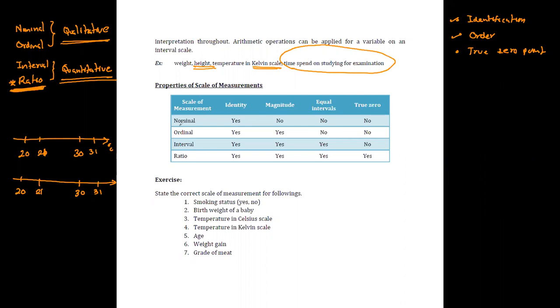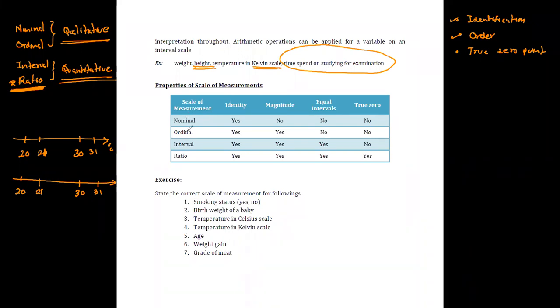For the nominal scale of measurement, we have just an identity only. There is no magnitude, no equal intervals, no true 0 point. As an example, the hair color of a student is an identity only, but there is no magnitude for color, no equal interval of colors, and no true 0 point for colors. It is because this is categorized under categorical or qualitative measurements.